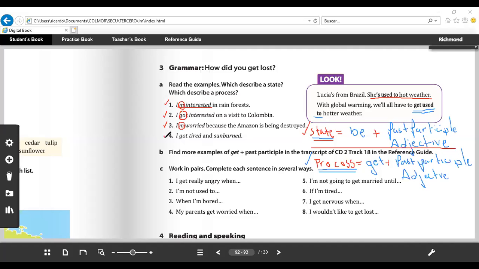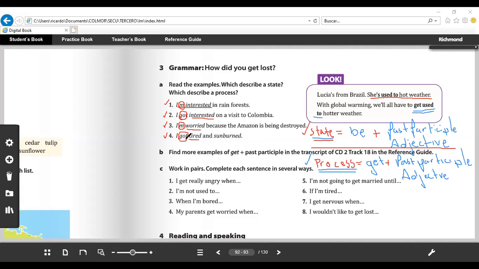Now the next one, number four, says, I got tired and sunburned. Got, and then plus participle. All of them have plus participle.